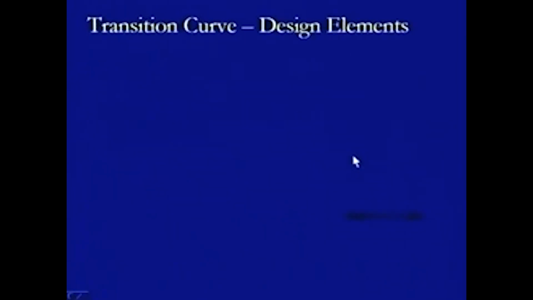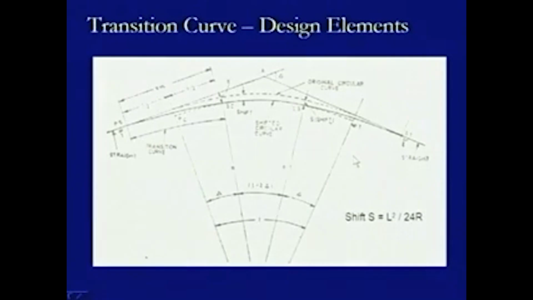Now, we come to the design element. Here the different types of elements have been shown. In this case, we have a straight section here and a straight section on this side, and then in the center we are providing a circular curve.